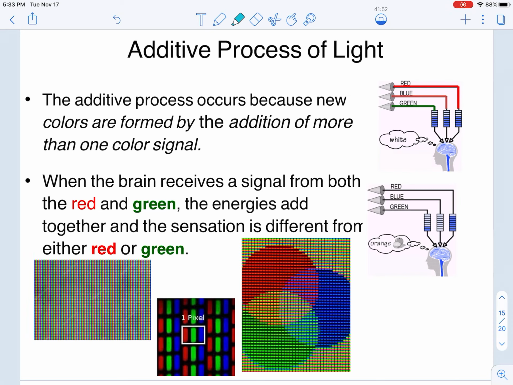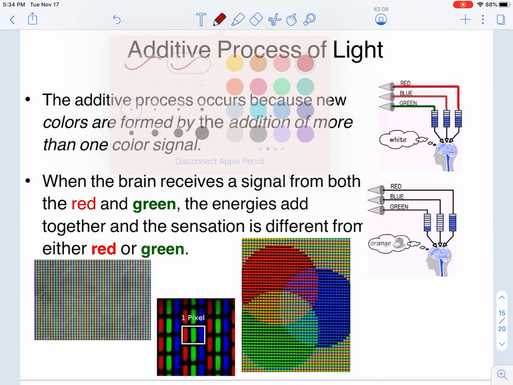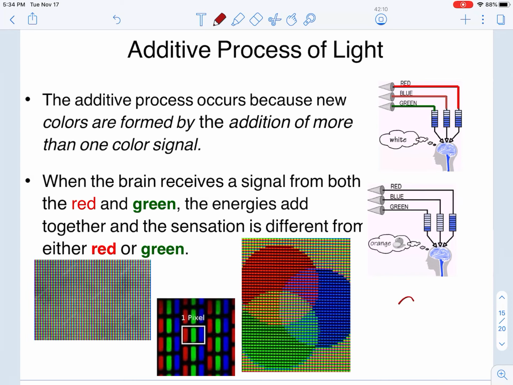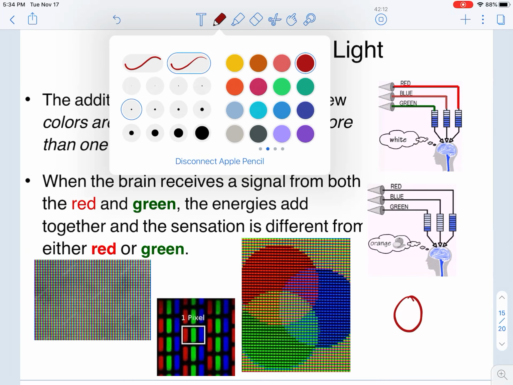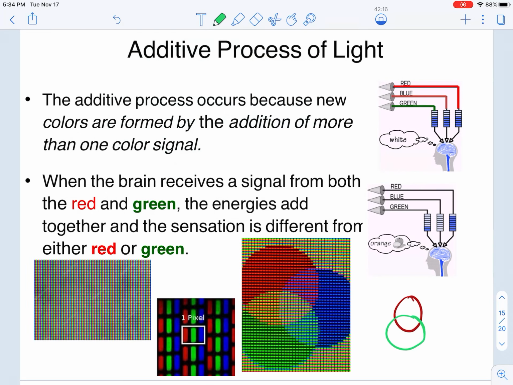We have a separate set of specialized cells that are responsible for recognizing the intensity. So if your brain receives a signal that says that we have red light and green light, just red light and green light all by itself, if you look at this image down here, this is going to get a little tricky if I try to trace it.